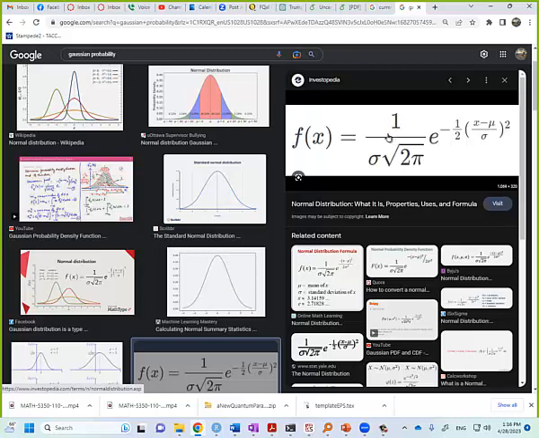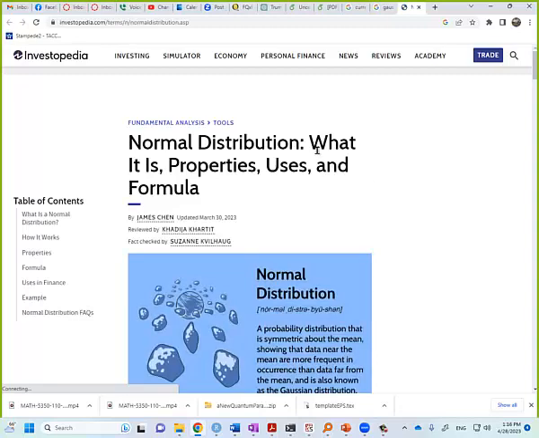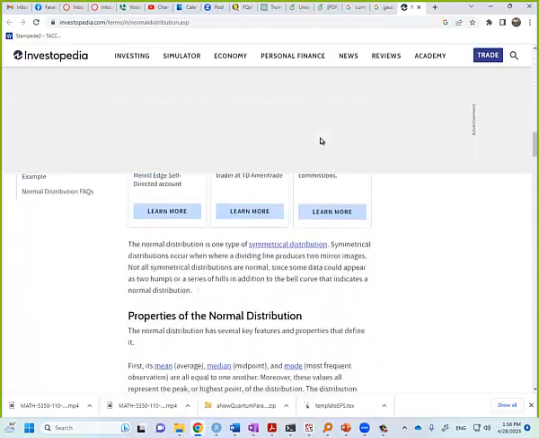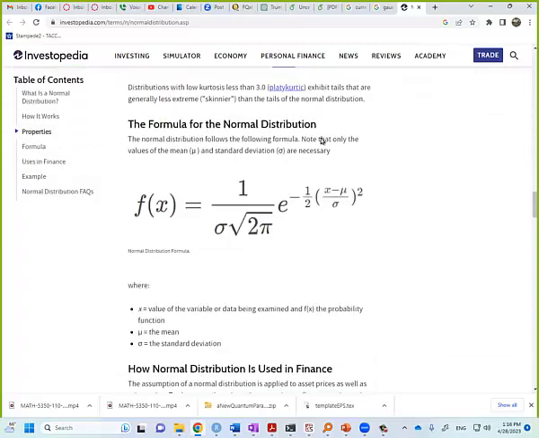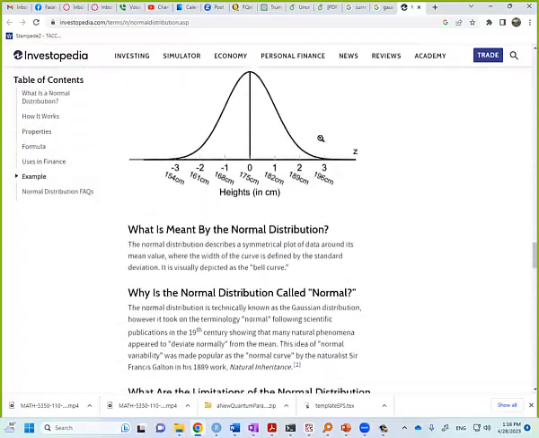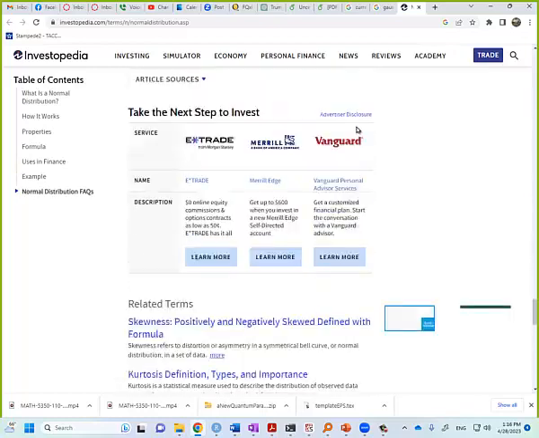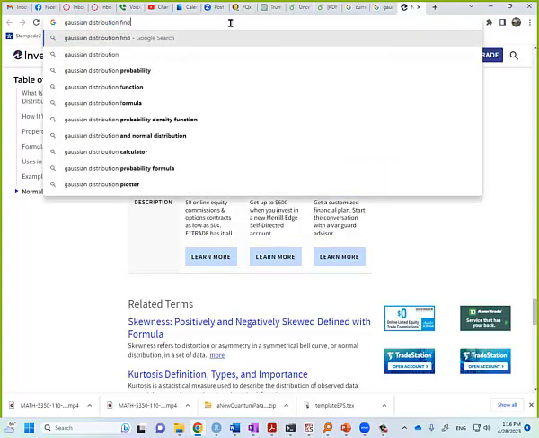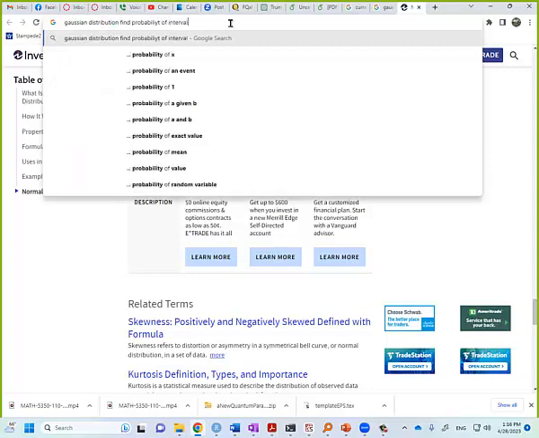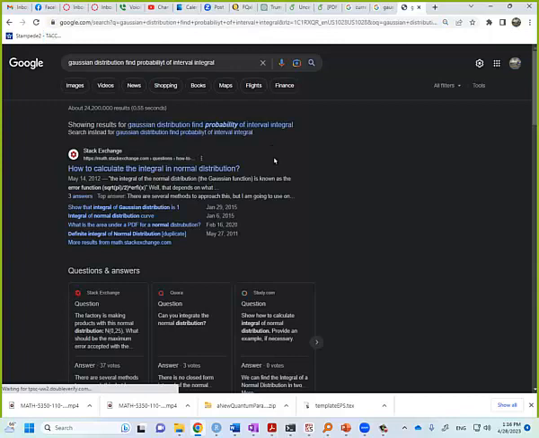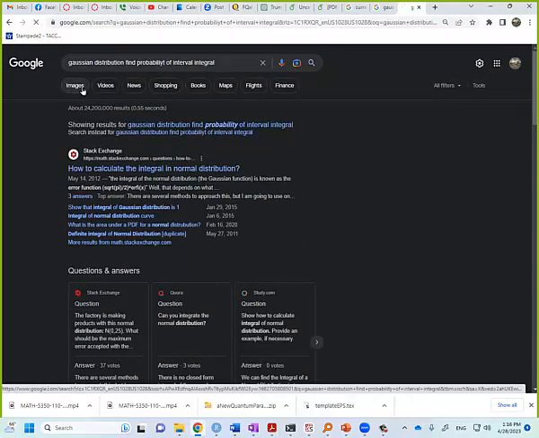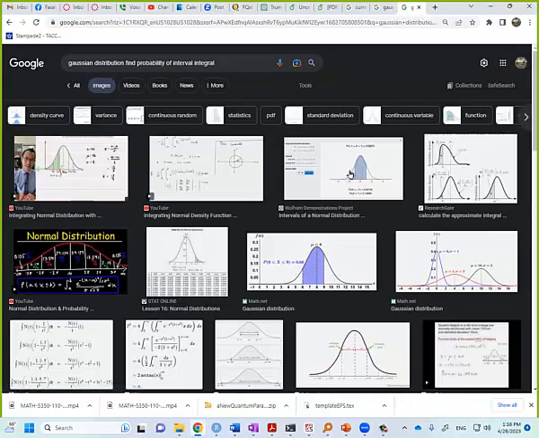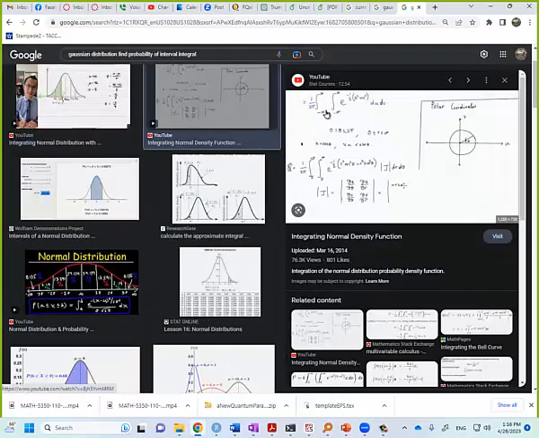Every time you want to find a probability, for instance here, he has an integral because he's trying to find the probability of being inside some area.